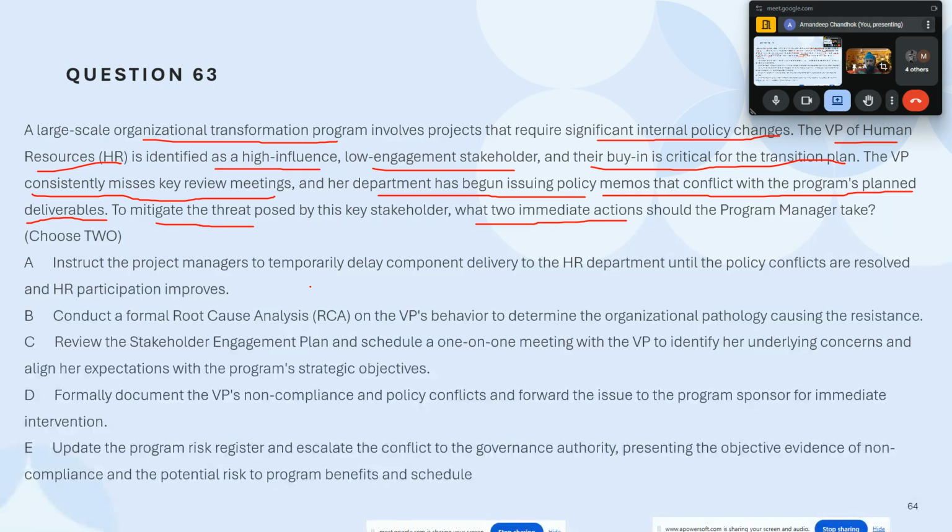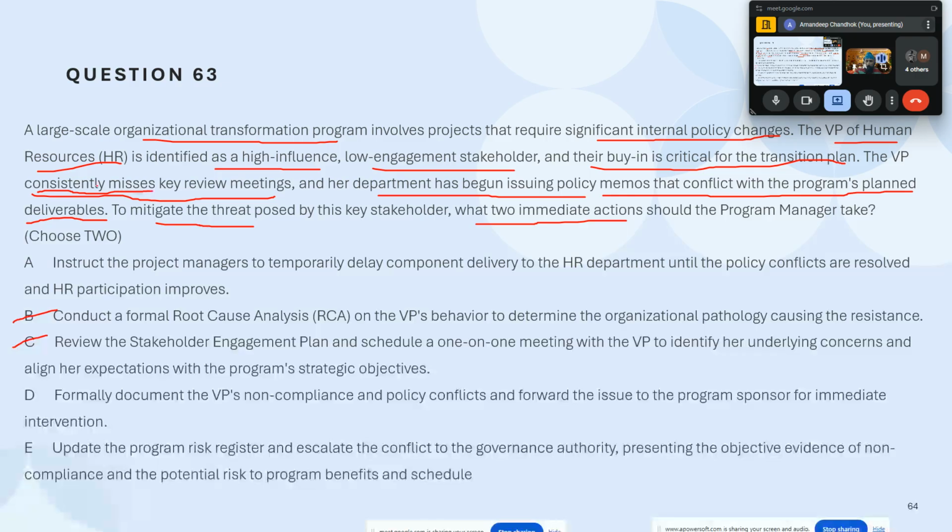So, is it B and C? B for Bravo, C for Charlie. D might be one contender, but the last sentence might not be applicable as an immediate step, so that might not be the correct step in this case.